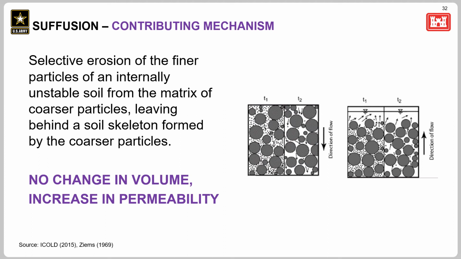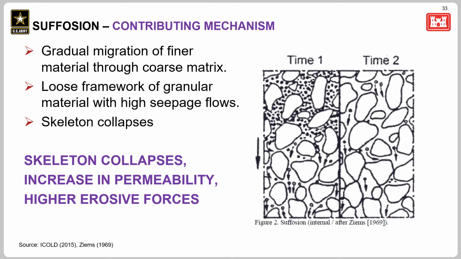So whether that flow is downward or whether that flow is upward, the coarser materials are bearing the effective stresses. Localized increase in permeability may occur, but the movement of those free fines is independent of the stress condition.